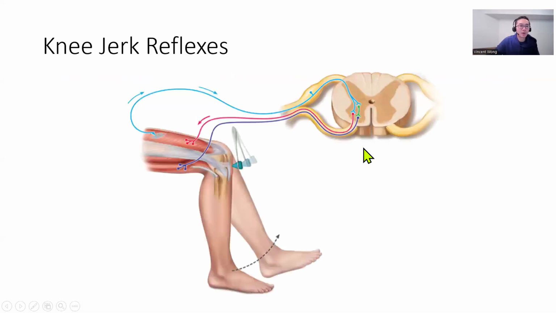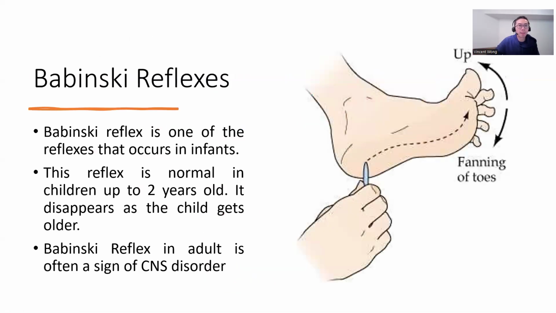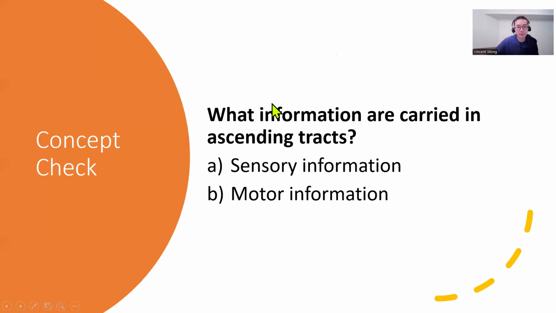Another reflex that goes away would be the grasping reflex. If you put your finger into the baby's hand, they just grab it. Okay, they just grab it. It's a reflex, but obviously, when you do that to an adult, they will look at you weird, like, why did you put your fingers into my palm, right? The reflex is gone. So that's spinal and cranial reflexes.